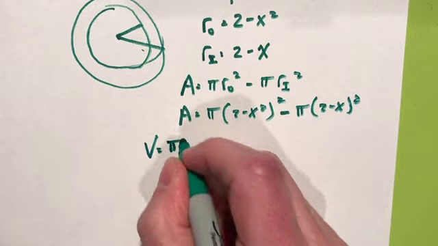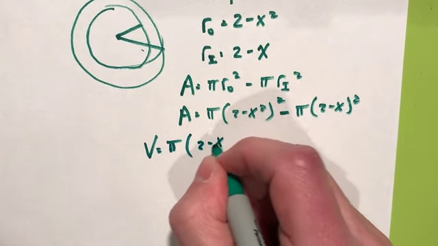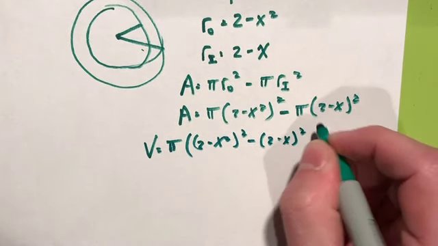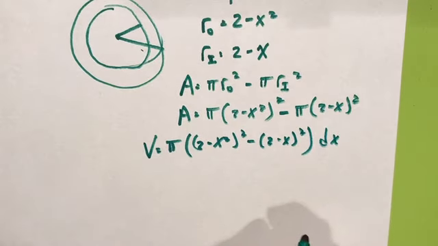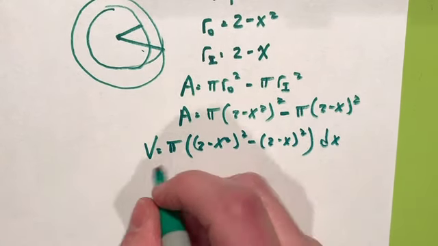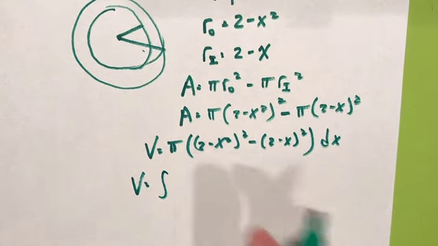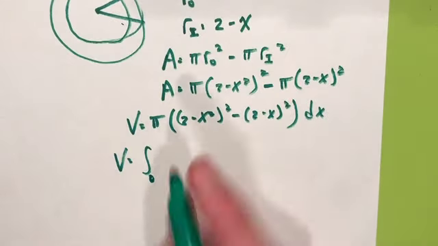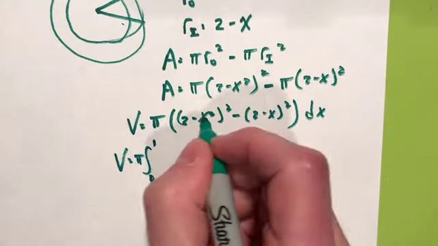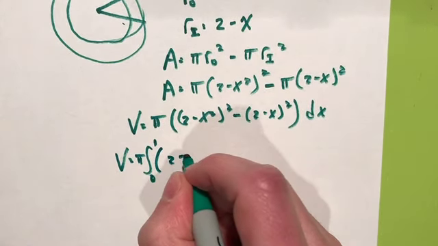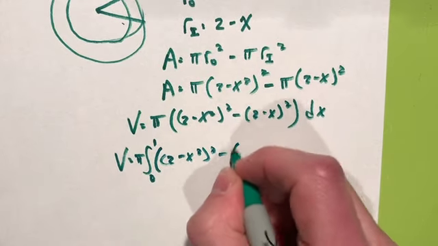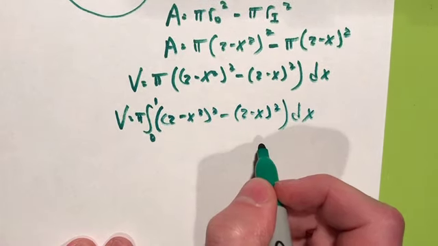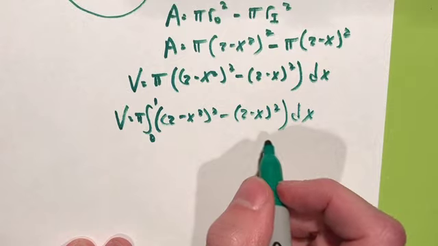I'm going to factor out the pi: (2 minus x squared) squared minus (2 minus x) squared, dx. That gets us the volume for a single disk. Now, we want the entire volume, so we do the integral from 0 to 1, still, since that is the intersection. Factor the pi. We can expand that: (2 minus x squared) squared minus (2 minus x) squared, dx. And you can very easily integrate that to find the volume of revolution.